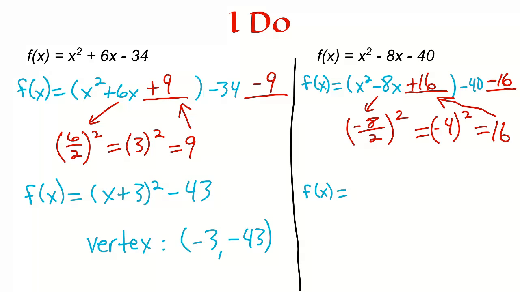And now when we factor this, again, this part tells us what our h is. So it's the quantity x minus 4 squared minus 56.